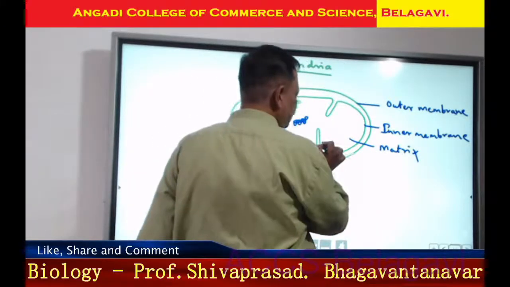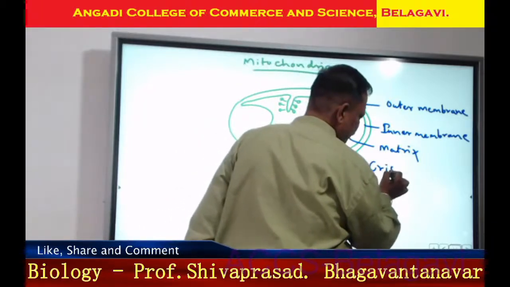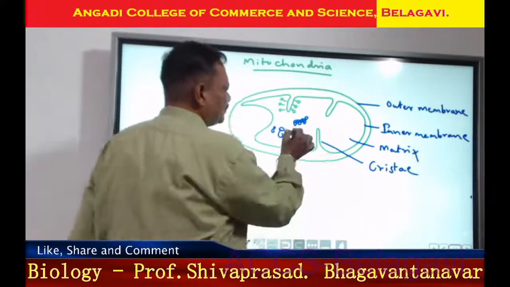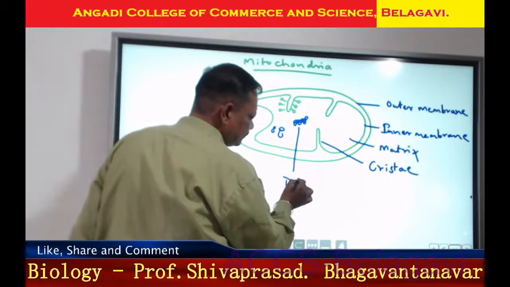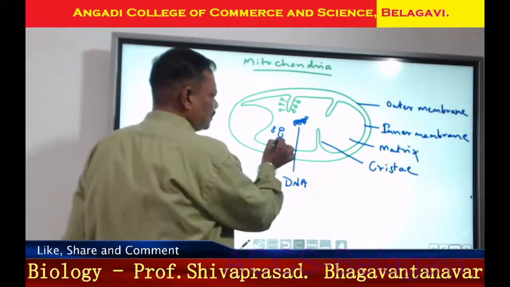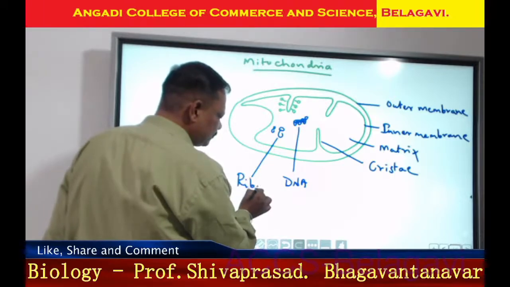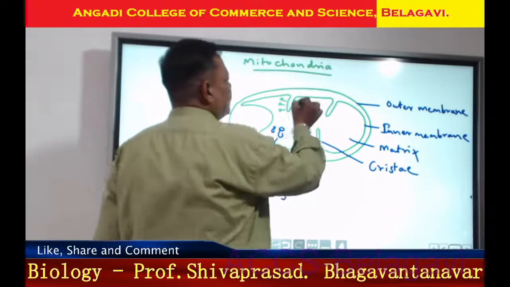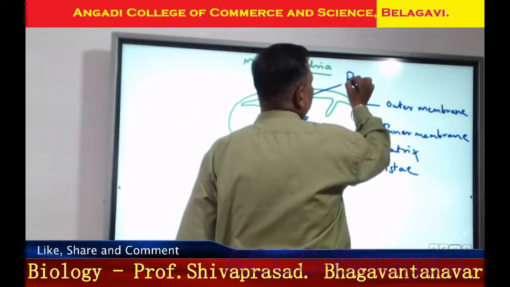This one you are calling cristae. Then this is DNA, ribosomes, then Racker's particle.